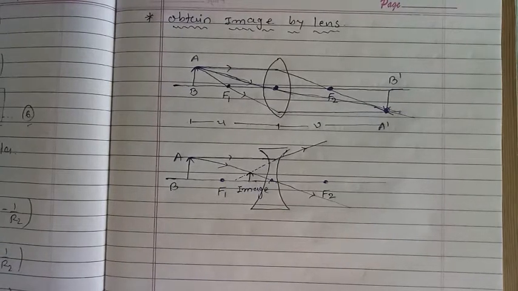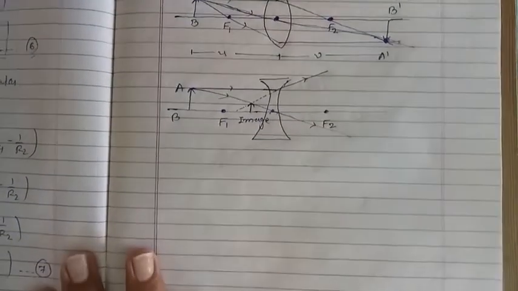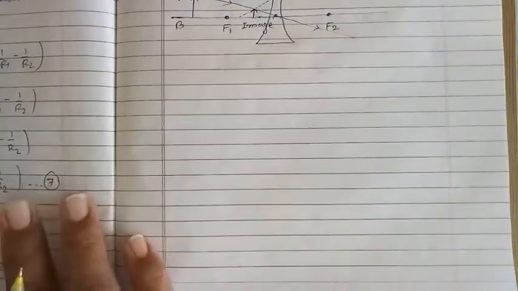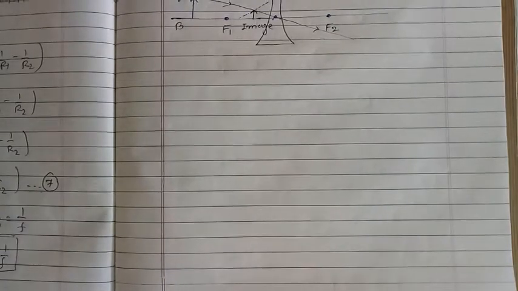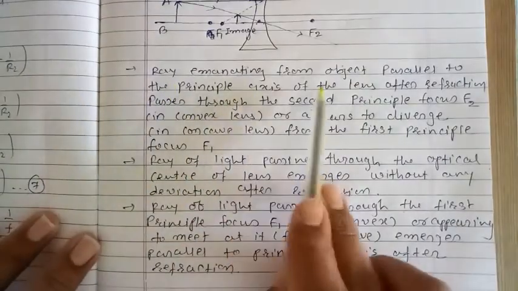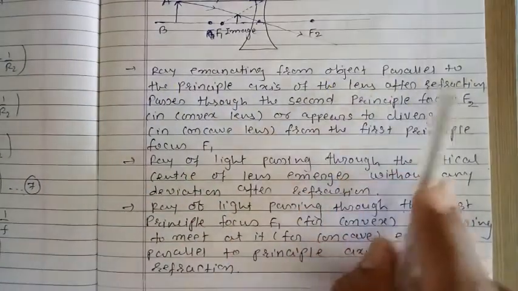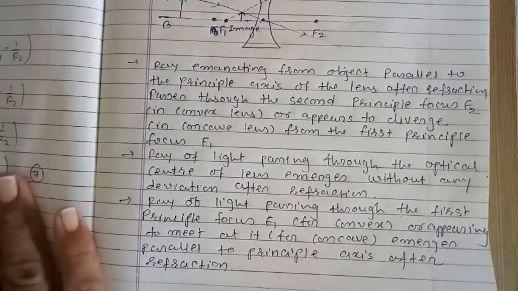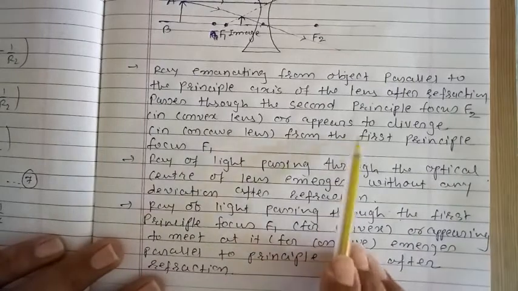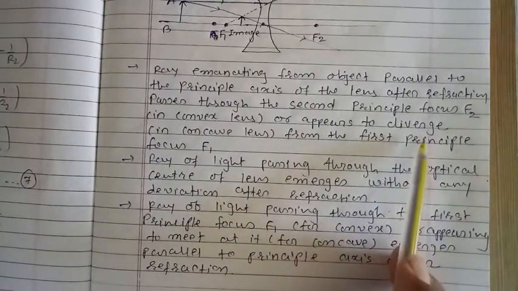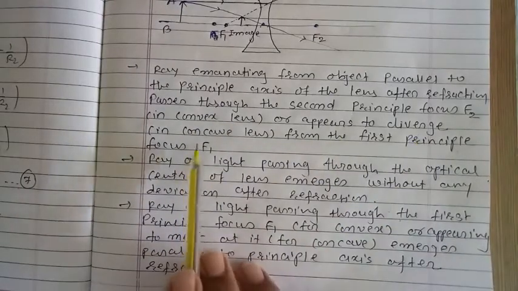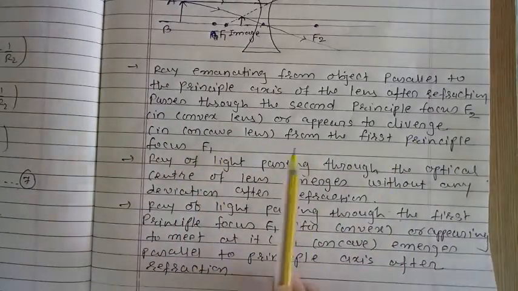So here we discussed how to obtain an image by using convex and concave lenses, right? Now we write some points to obtain an image. A ray emitting from an object parallel to the principal axis of the lens, after refraction passes through the second principal focus f2 for a convex lens, and appears to diverge from the first principal focus in a concave lens.